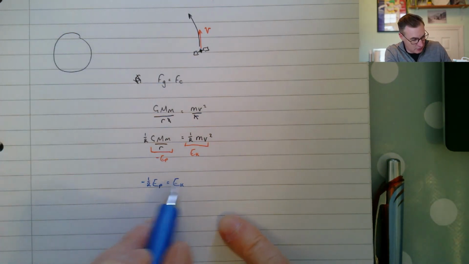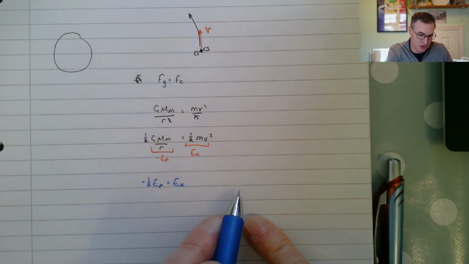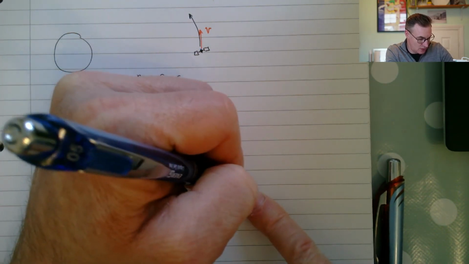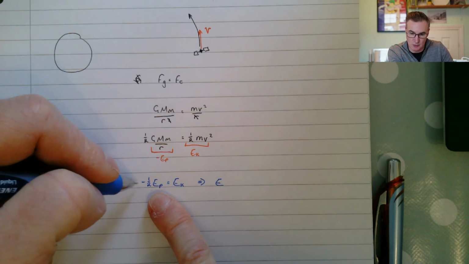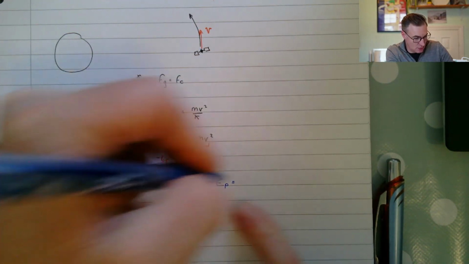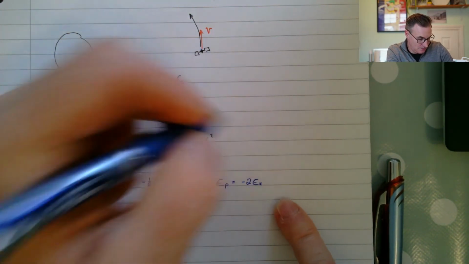And if we multiply through by minus 2, you multiply that by minus 2, it becomes plus 1. So it's just EP is going to equal minus 2 EK.